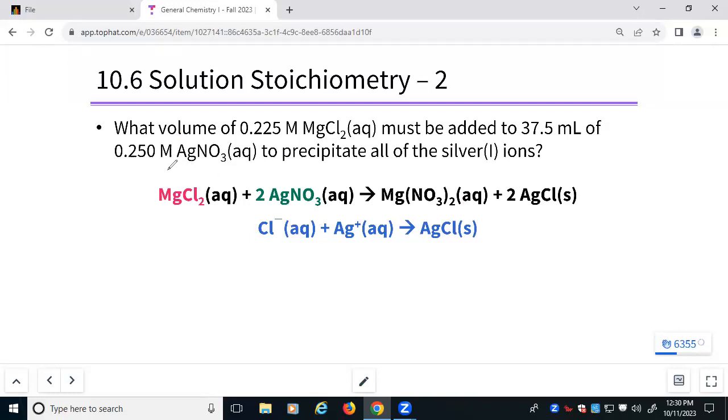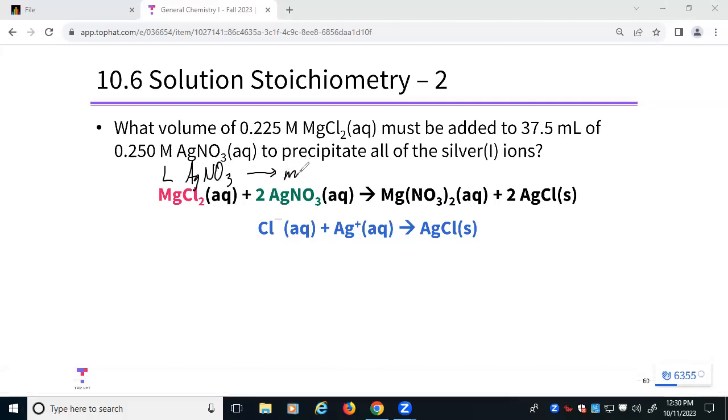So we want to go from liters of silver nitrate solution to moles of silver nitrate to moles of magnesium chloride to liters of magnesium chloride solution. That's the path that we're going to follow. How do we connect all of those dots? Well, again, that's where the mole map kind of helps us out here.